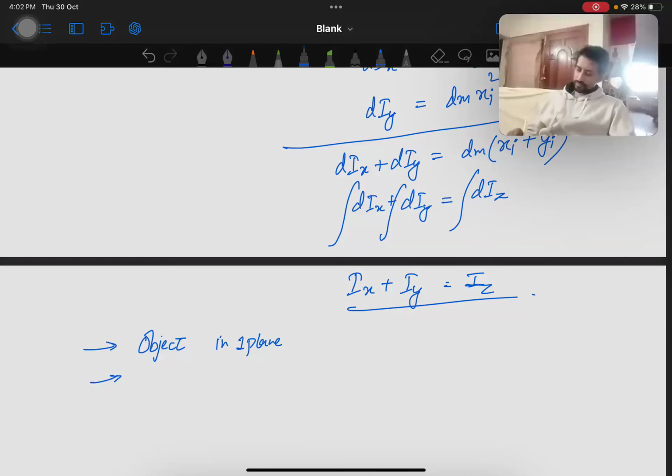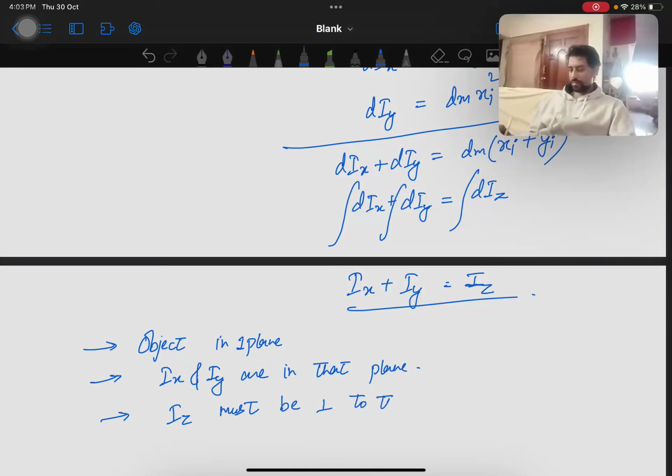Number two, Ix and Iy are in that plane. Number three, Iz must be perpendicular to that plane.